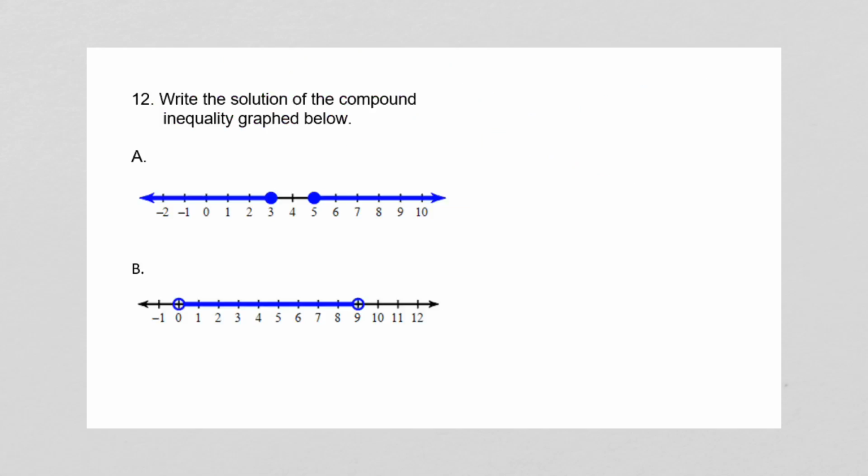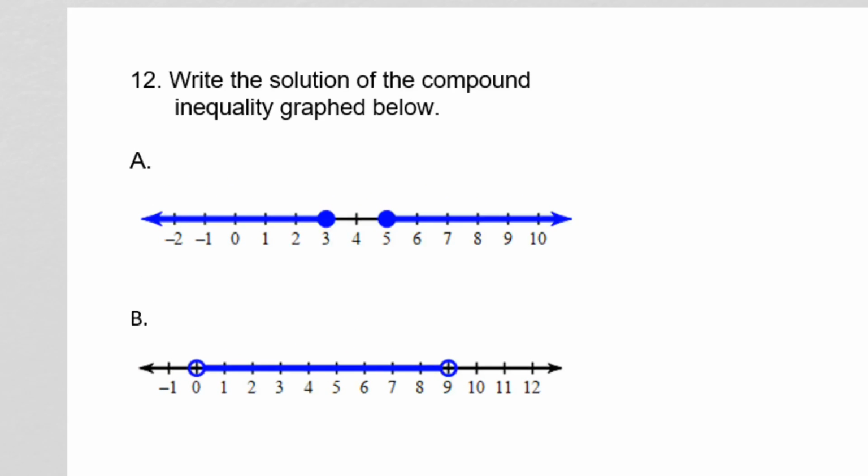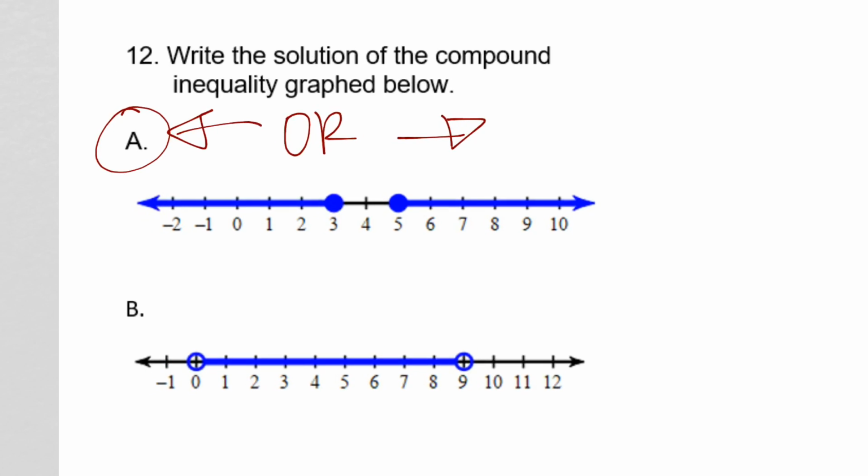Okay, number 12 is like questions 3 and 4 in your warm-up. Because for A, the inequalities go away from each other, this is an OR. So this is going to be x with the inequality or x with the other inequality. The one on the left has a dot at 3, and the arrow is pointing to the left, so I know this will be less than or equal to because it's colored in.